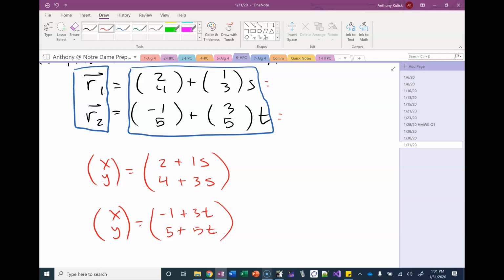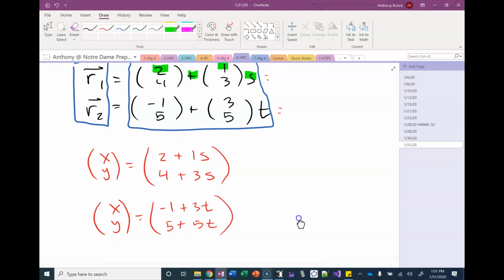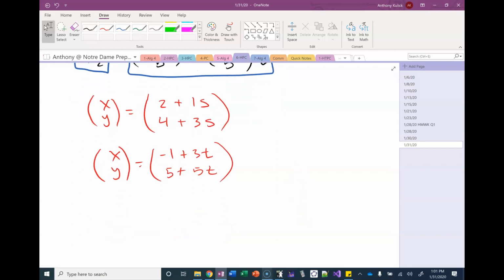That is a 2 plus 1s. So 2 plus 1s. So using that, what I can say now is I know that x is equal to 2 plus 1s.